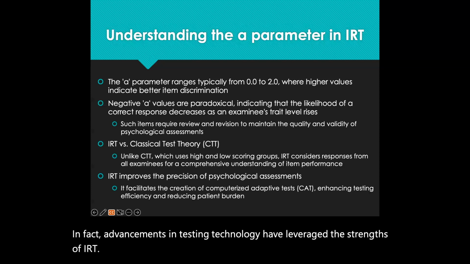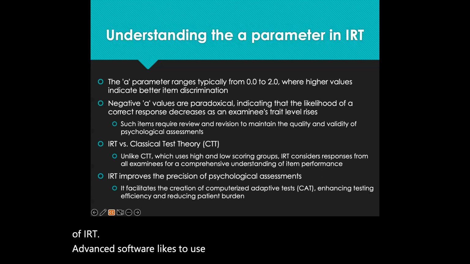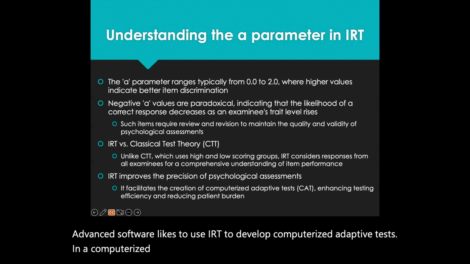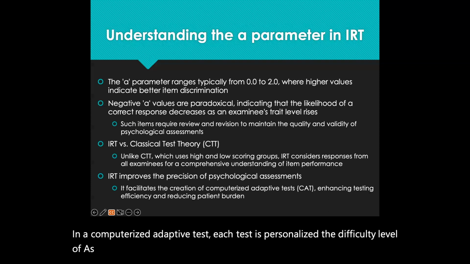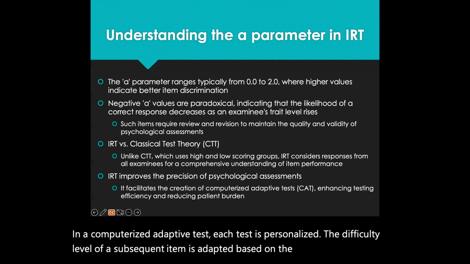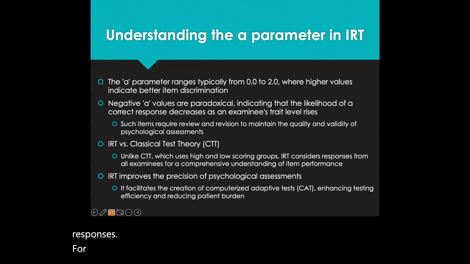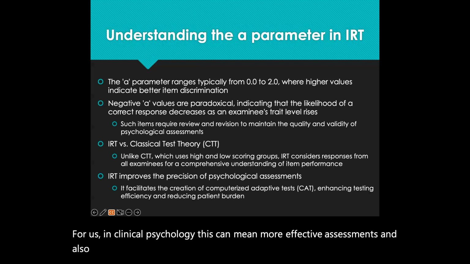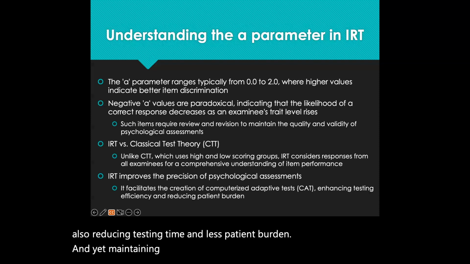Advanced software uses IRT to develop computerized adaptive tests. In a computerized adaptive test, each test is personalized. The difficulty level of a subsequent item is adapted based on the examinee's previous responses. For us in clinical psychology, this can mean more effective assessments, reduced testing time and less patient burden, and yet maintained high test precision.